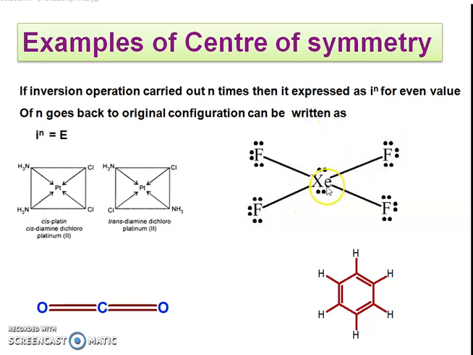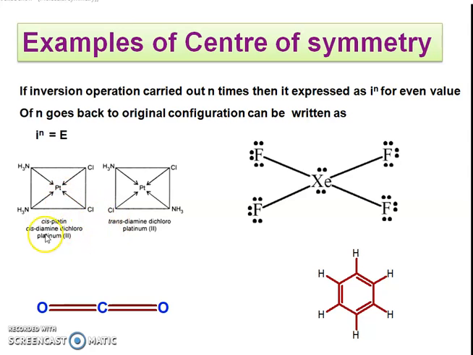The center is reached at this atom, and this center is called the center of inversion or center of symmetry. So the symmetry element of this molecule is small i.